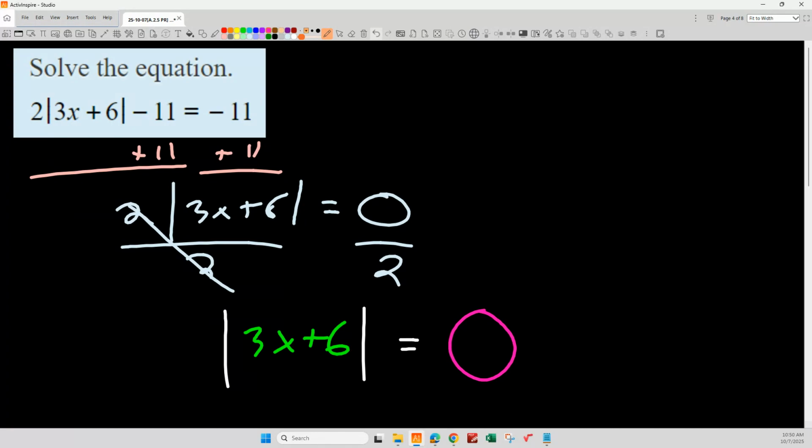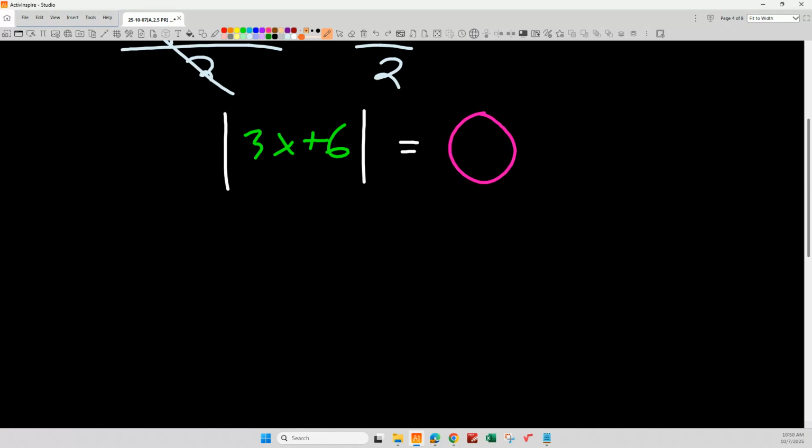Because is 0 positive or negative? No. I mean, negative 0 just means 0, right? So I only get one. When I try to split this, I get the same equation twice, so I only get one equation in this case. I just get the equation 3x plus 6 equals 0, which I solve.